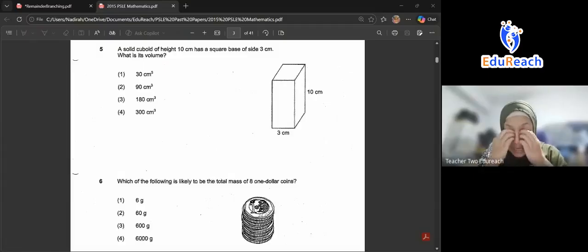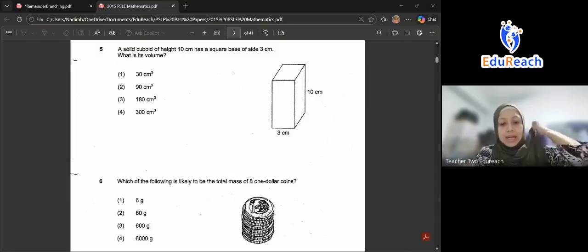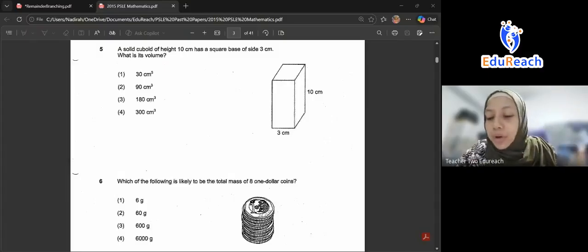So 8 coins cannot be 600 grams. It's too heavy. The answer is 60 grams. And obviously cannot be option 4. Option 4 is equivalent to 6 kilograms. That is way too heavy.